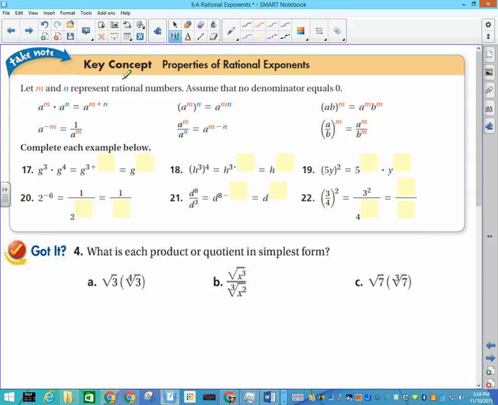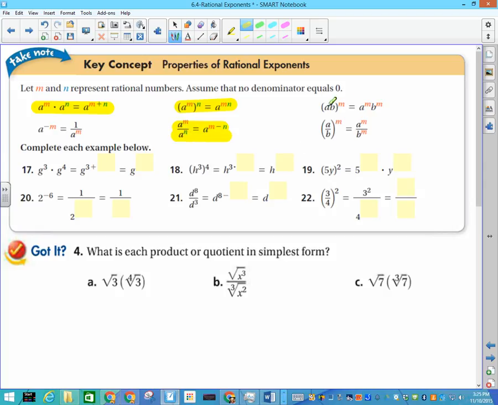Okay? All right, so the next page, properties of rational exponents. Same thing we did with exponents before, y'all. When you multiply exponents with the same base, you add them. When you raise a power to a power, like I just said, you multiply them. When you're dividing, you subtract the exponents.